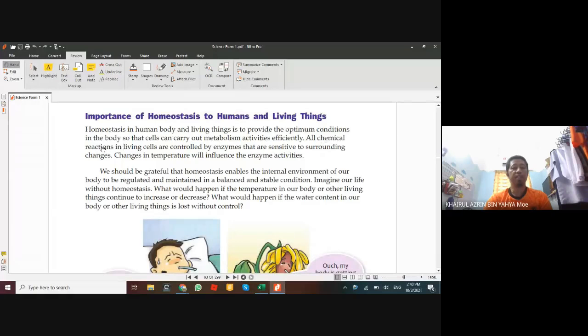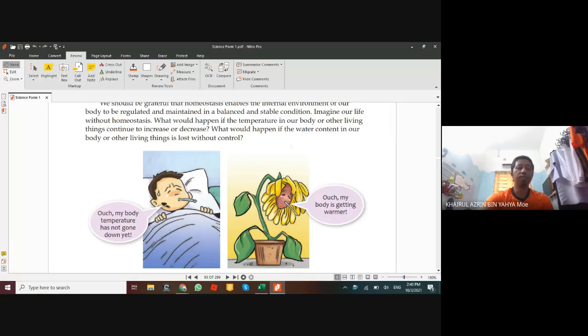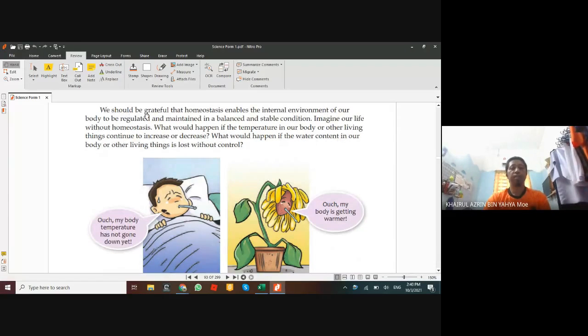All chemical reactions in living cells are controlled by enzymes that are sensitive to surrounding change. Change in temperature will influence the enzyme activities. We should be grateful, bersyukur, kita sepatutnya bersyukur, that homeostasis enables the internal environment of our body to be regulated, dikawal, and maintained in a balanced and stable condition.